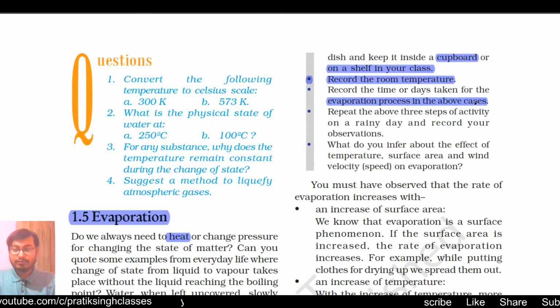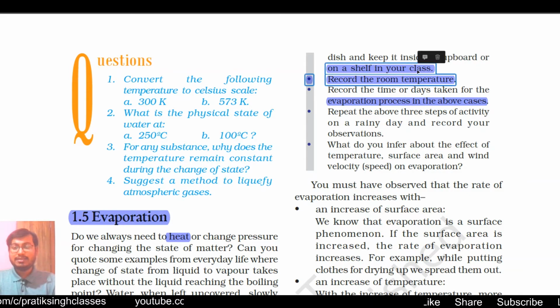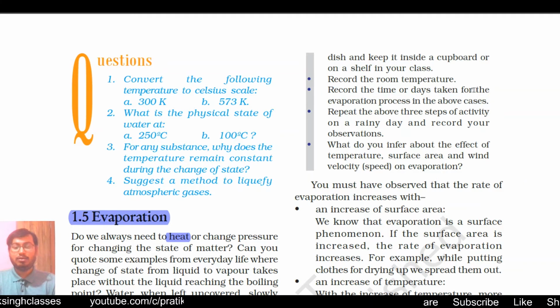So find out in your observation how much time is taken for the water to be completely evaporated in all the 3 experiments. You will find out that when you have kept the china dish near an open window or under the fan, the water present there has evaporated very fast.